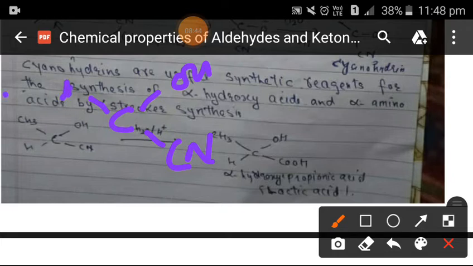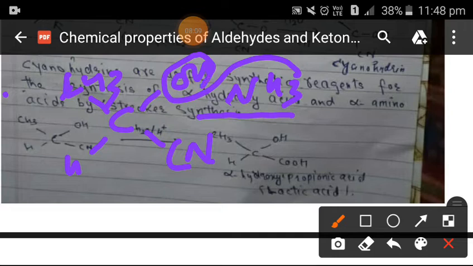Cyanohydrin, CH3, here it is hydrogen, and in the presence of ammonia, one of the hydrogens will get abstracted by the hydroxyl ion with the formation of water, and there is a formation of an intermediate product.